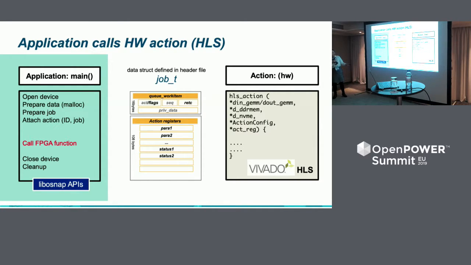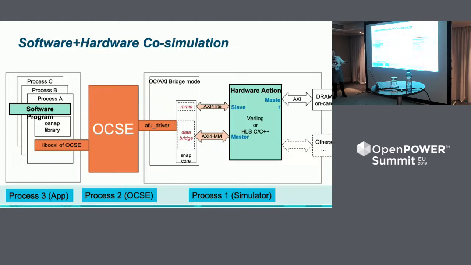Okay, next page. So yeah, this is the simulation environment. How does the simulation work? When you are working in the development environment, you have to start three processes. Well, not three: if you have multiple processes, maybe more than three.